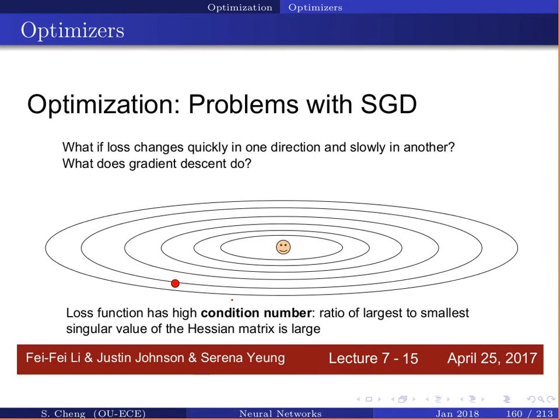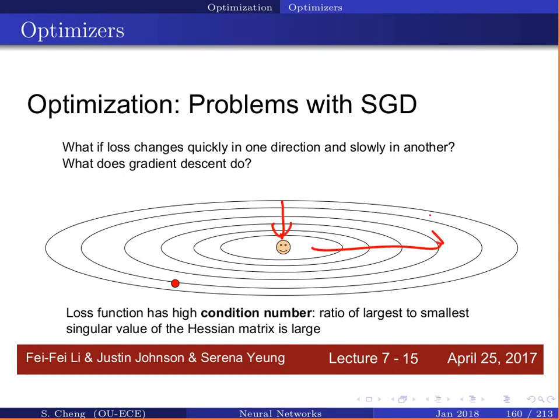We mentioned an example of why sometimes gradient descent itself is not sufficient. For example, if your function is pretty skewed, so that one dimension is much steeper than the other direction.